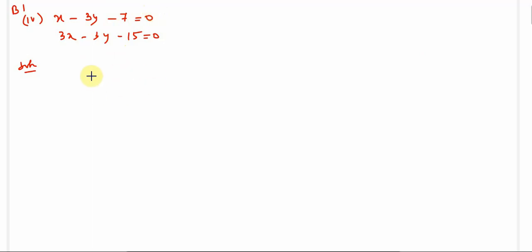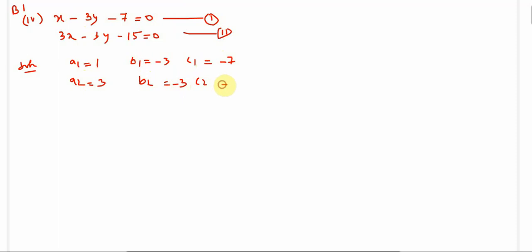So it's already arranged, so simply you will take out the values of a1, b1, c1, a2, b2, and c2, right? First equation, second equation. So what is a1? A1 is equal to 1, because leaving x we have only 1. b1 will be the coefficient of y, that is we have minus 3. c1 is the constant term, that is we have minus 7. a2 is equal to 3, b2 is equal to minus 3, and c2 is equal to minus 15.